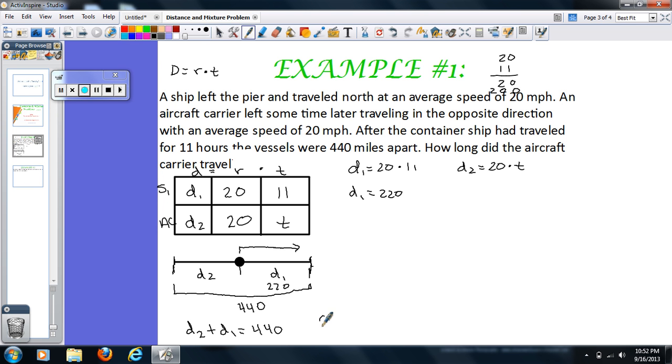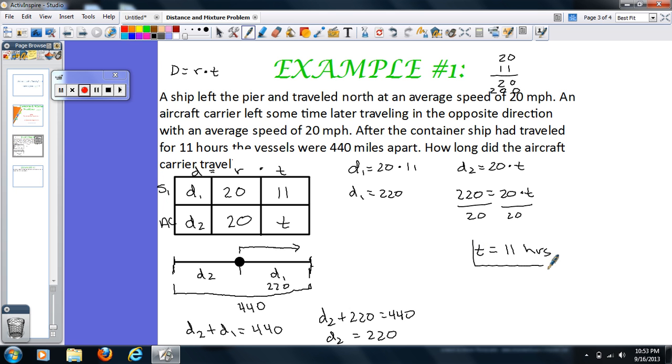So if I plug this in here, I've got D2 plus 220 equals 440. Now if I solve for D2, that means that D2 is going to be 220 miles as well. So I will plug 220 in here, and now I'm going to solve for T. So I'll divide by 20, and I'm going to get T equals 11.